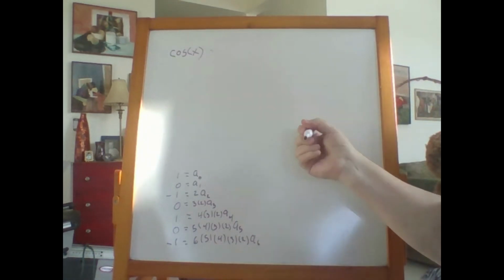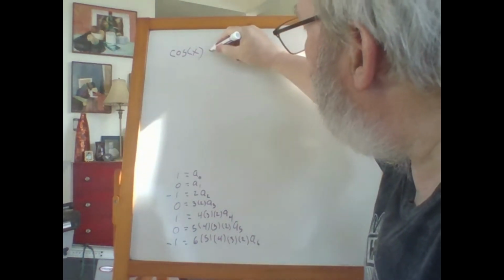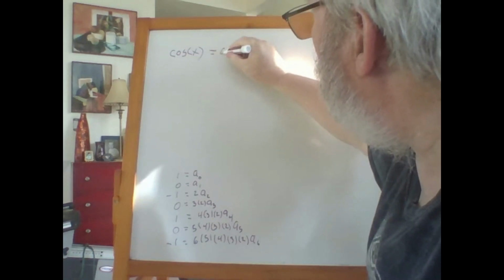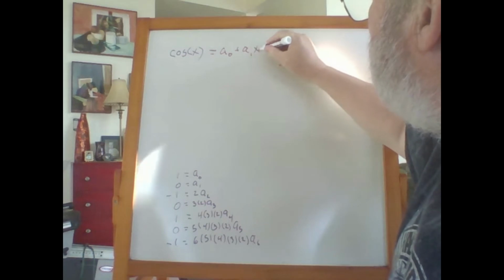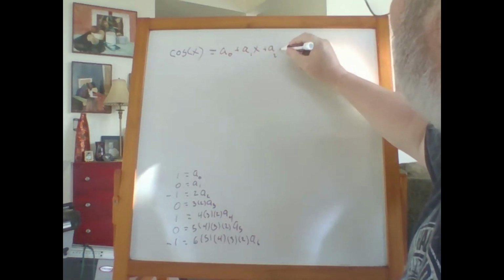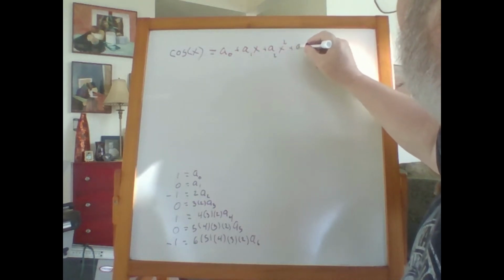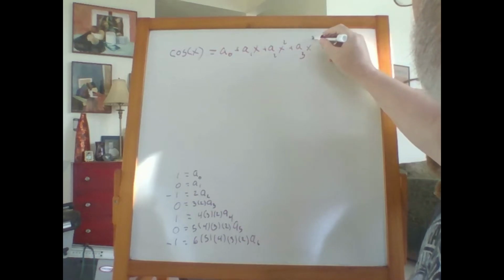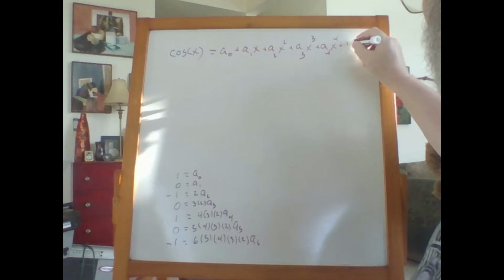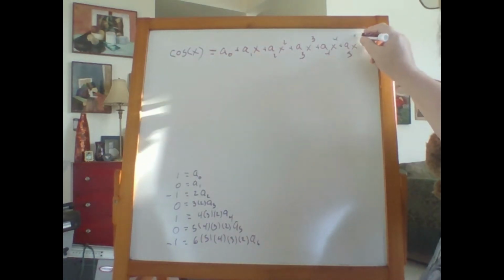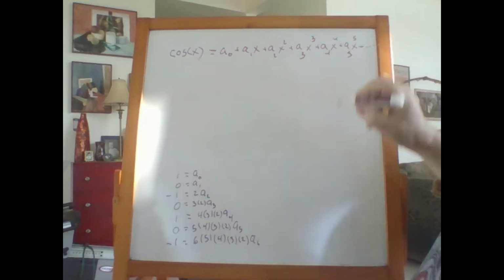Okay, so what we had was cosine of x is equal to A naught plus A1x plus A2x squared plus A3x to the third plus A4x to the fourth plus A5x to the 5 plus forever.